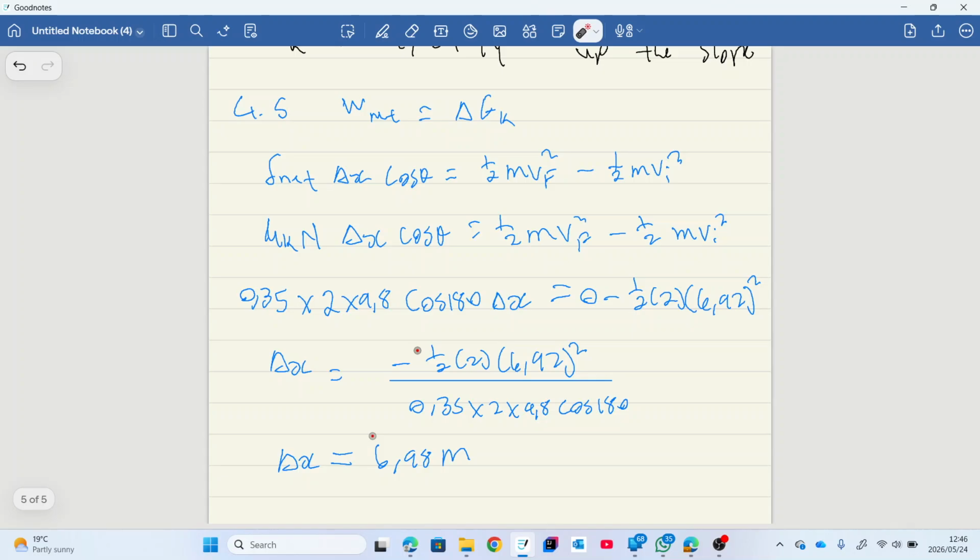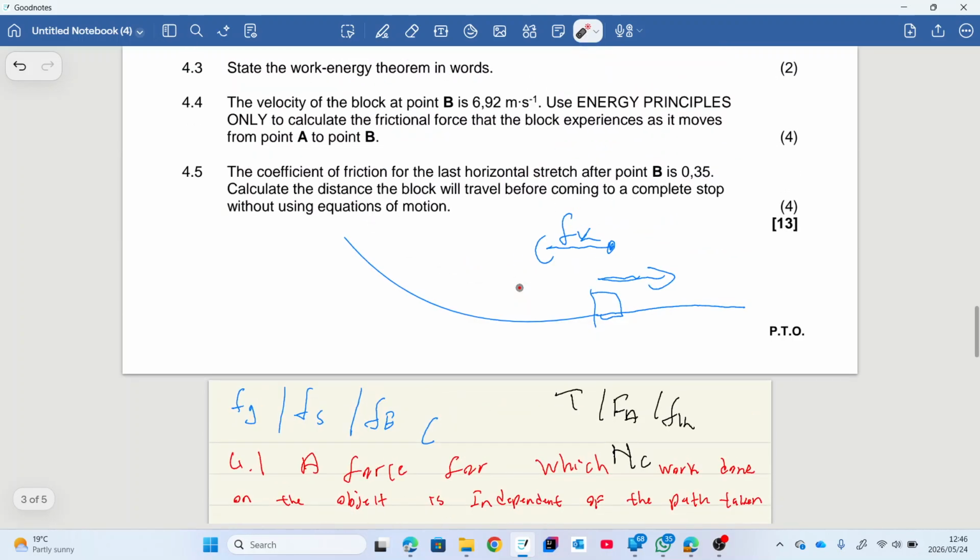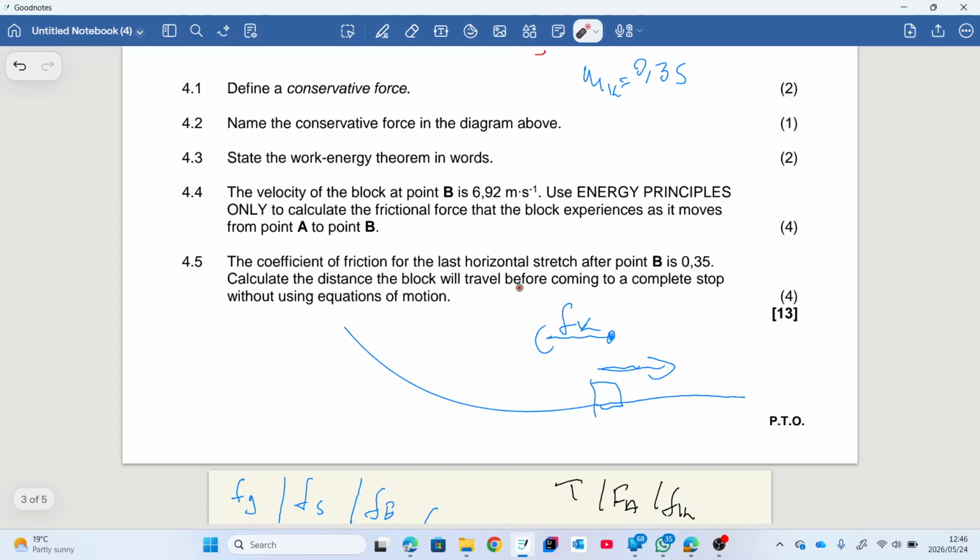Oh, I wasn't adding the normal. Yes. You got the same value? Yeah. Okay, great. No problem. Okay. This is 4.5, right? That was a question from work.